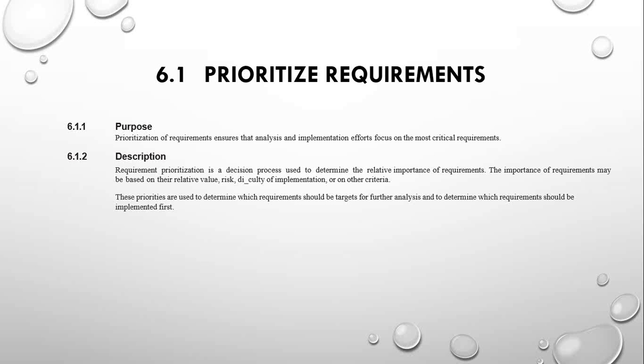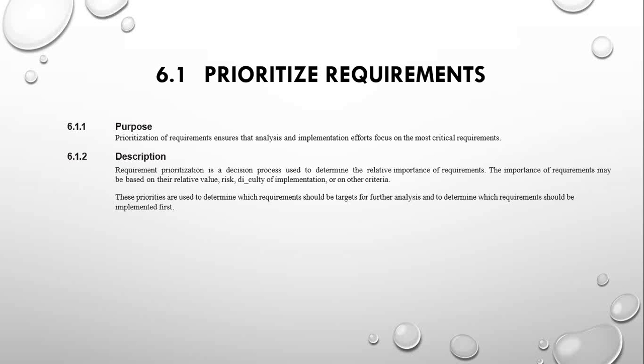Description. Requirement prioritization is a decision process used to determine the relative importance of requirements. The importance of a requirement may be based on its relative value, risk, difficulty of implementation, or other criteria.